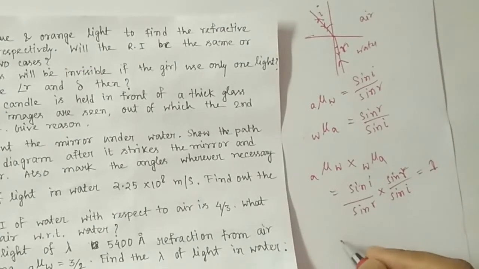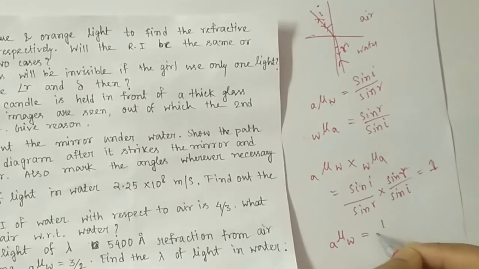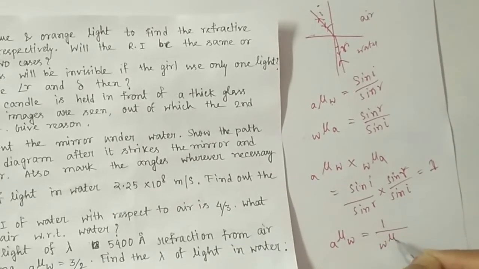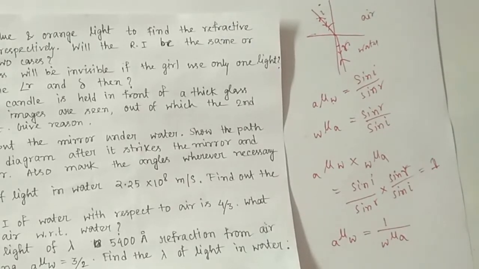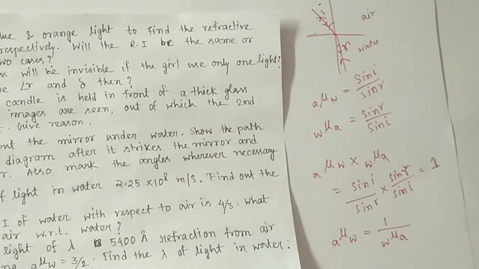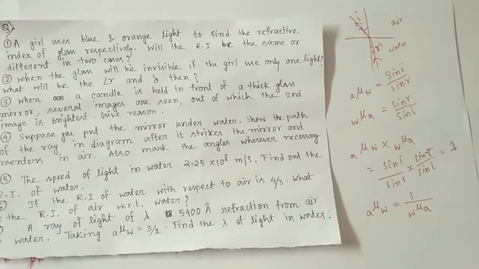So we can say that A mu W is equal to 1 by W mu A. So if the refractive index of any medium, suppose for water medium, the refractive index of water medium with respect to air is A mu W, and it is suppose 4/3.